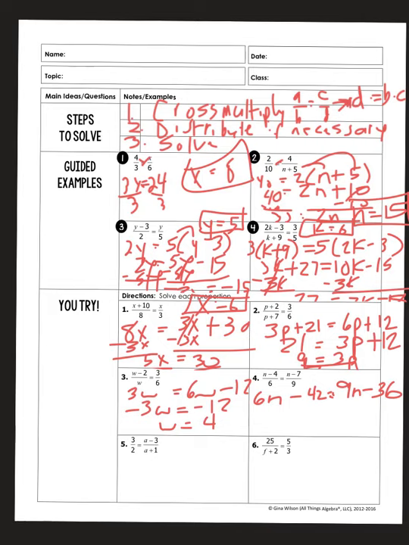Okay, to get the variable on one side, I'm going to subtract 6n from both sides. 9n minus 6n is 3n equals negative 42. I'm going to add 36 to both sides. So this is going to be negative 6 equals 3n. And then divide by 3, n equals negative 2.